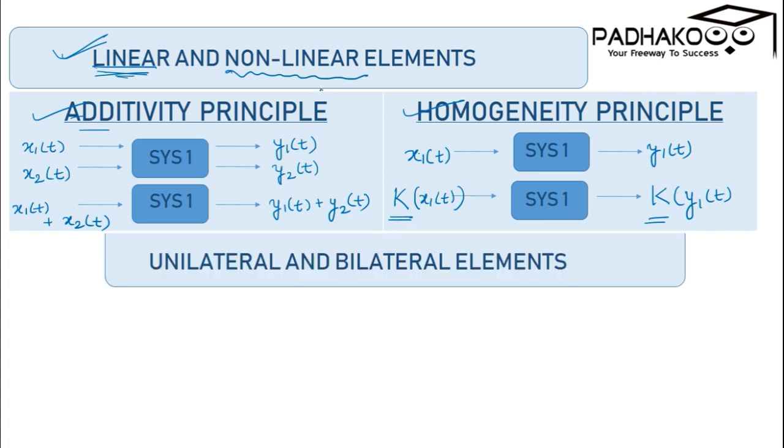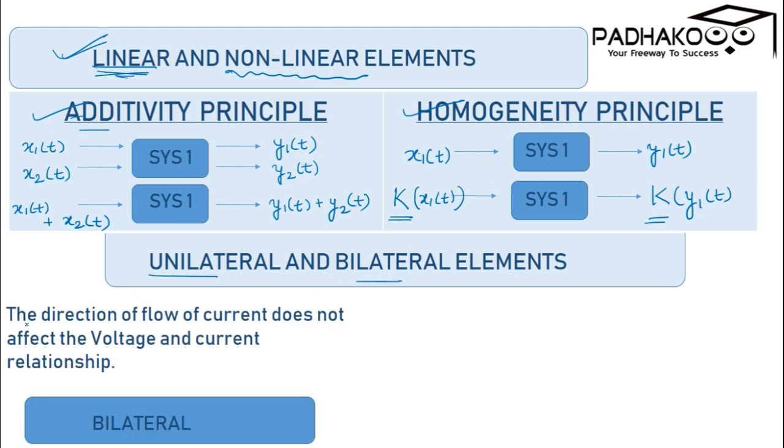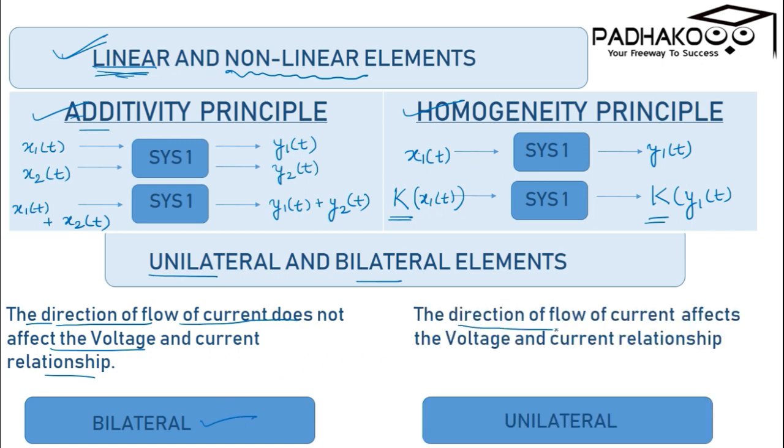Now, talking about unilateral and bilateral elements. The elements in which the direction of flow of current does not affect the voltage and current relationship are bilateral elements, and those elements in which the direction of flow of current affects the voltage and current relationship are unilateral.